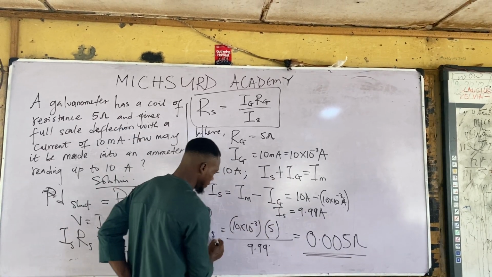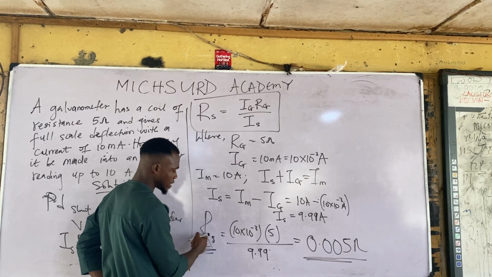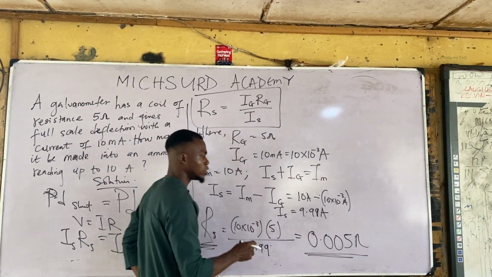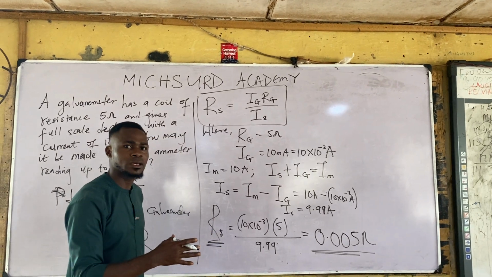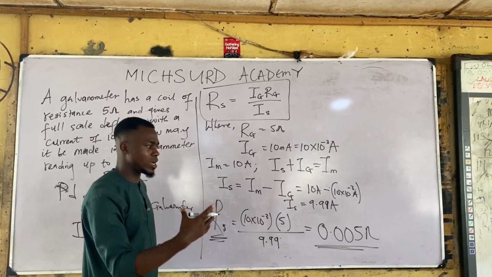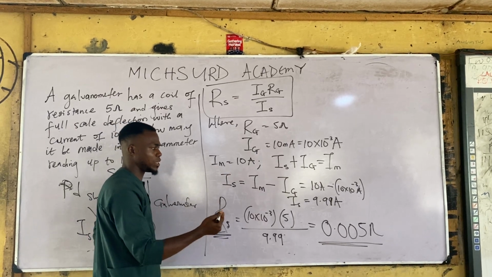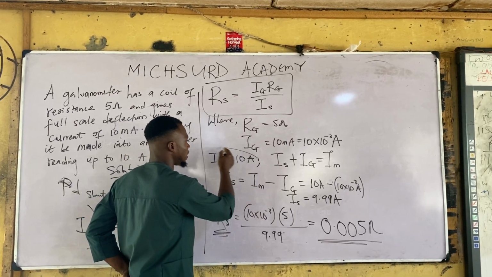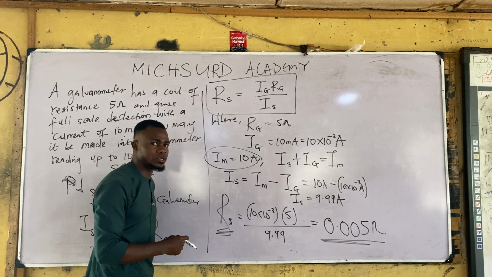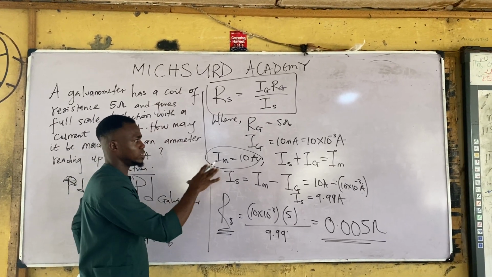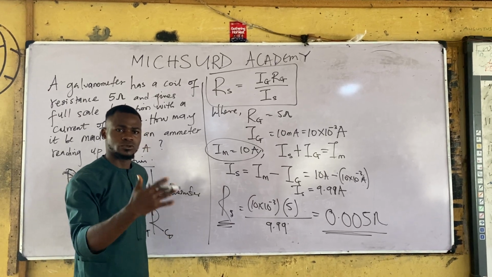This is the resistance. So that means the resistance of the shunt is 0.005 ohms. That is the required resistance to convert the galvanometer into an ammeter that will read up to a value of 10 ampere. So that is how you solve problems on galvanometer to ammeter.